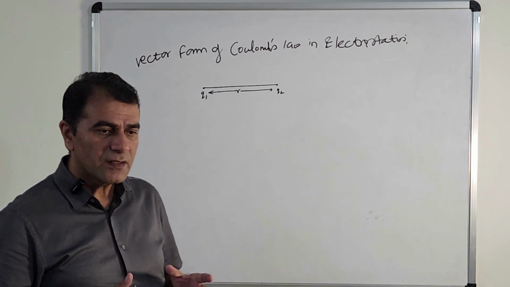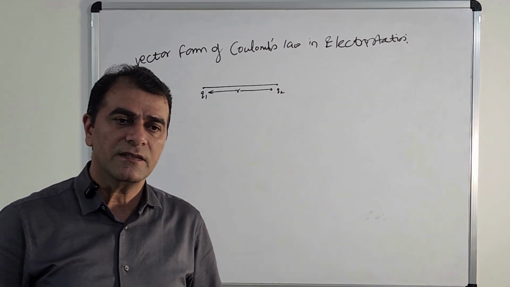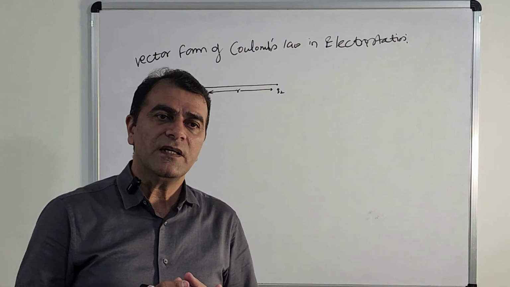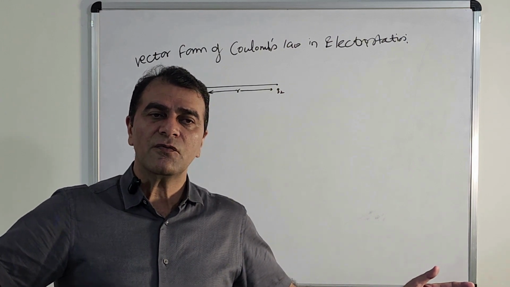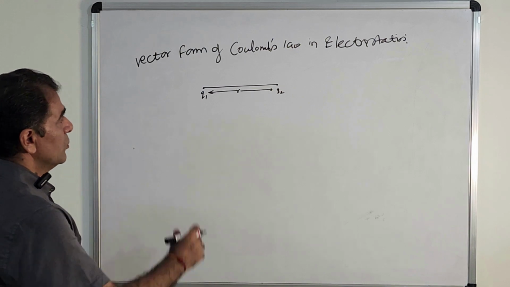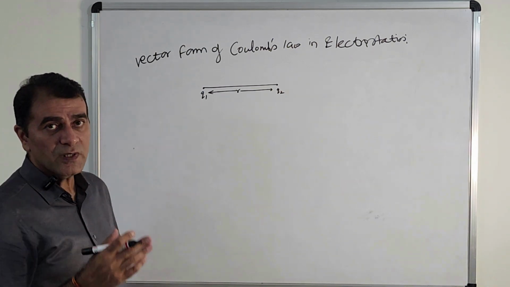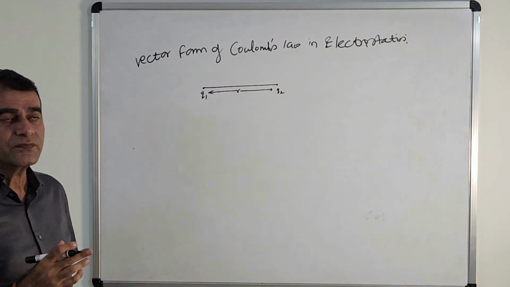Point charge means the linear dimension of the charge is very small compared to the distance between the two charges. If the distance between the two charges is very, very large, these charges can be taken as point charges. So we have two point charges Q1 and Q2, separated by distance r.